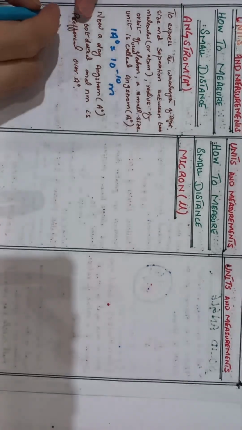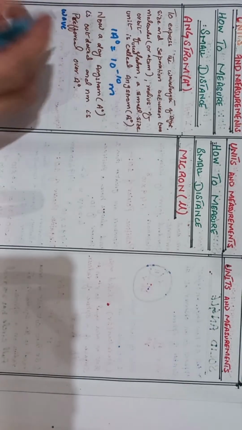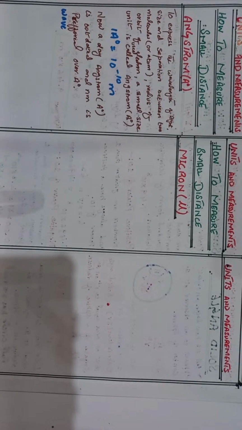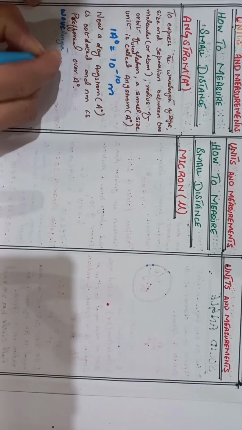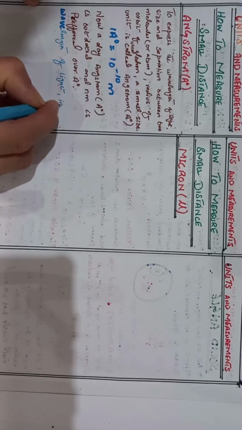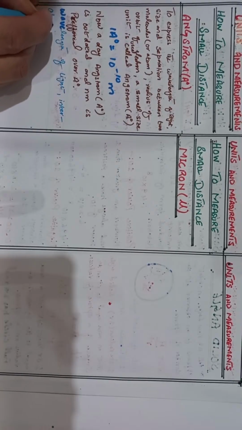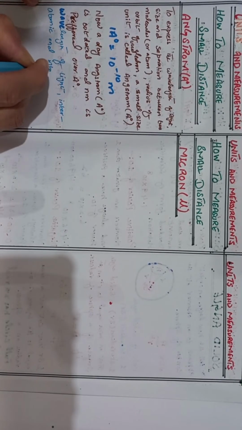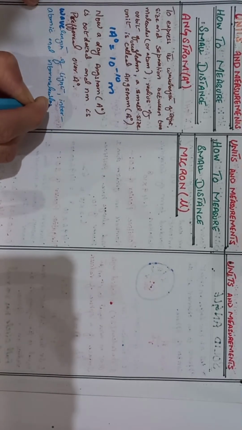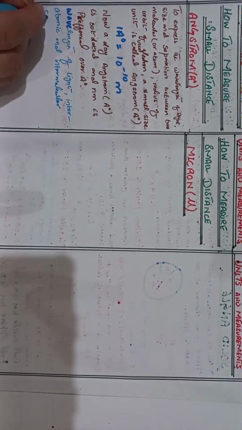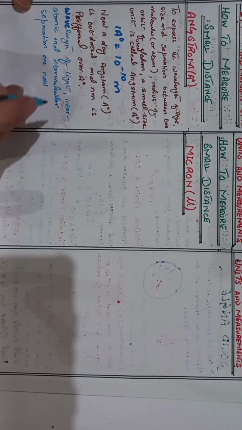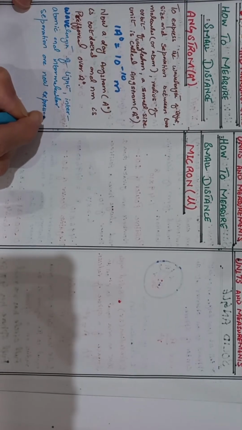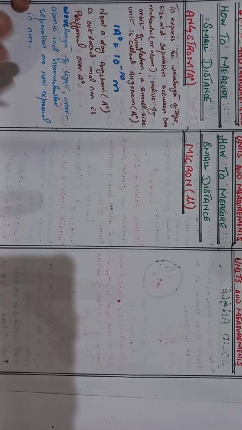So here we write that wavelength of light, interatomic and intermolecular separation are now expressed in nanometer.